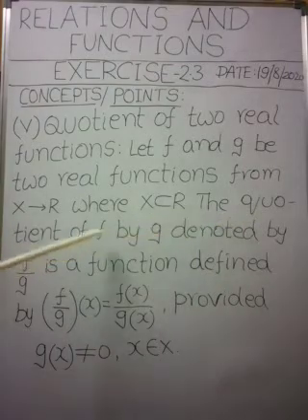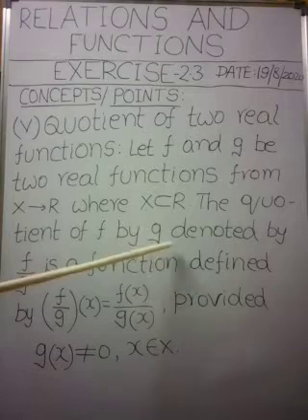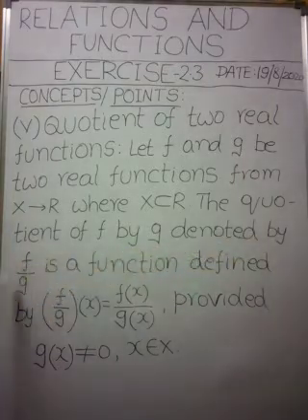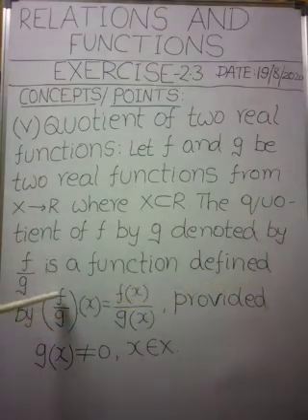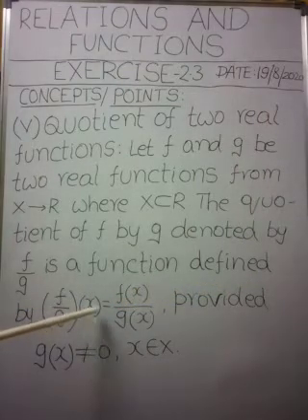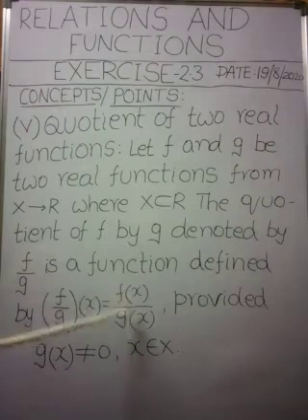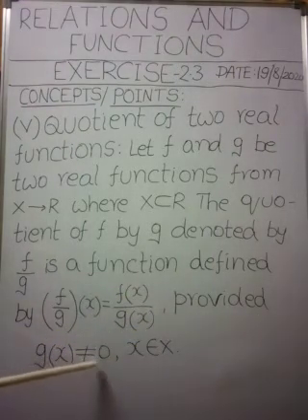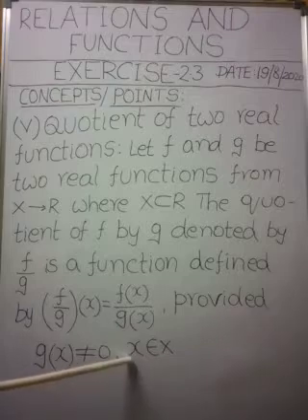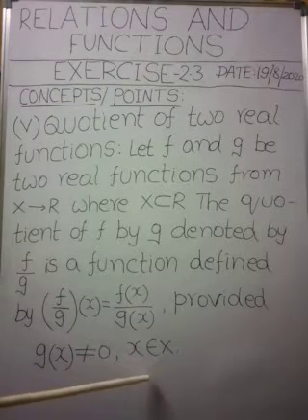The quotient of f by g, denoted by f/g, is a function defined by (f/g)(x) equals f(x)/g(x), provided g(x) is not equal to 0, for all x belonging to X.